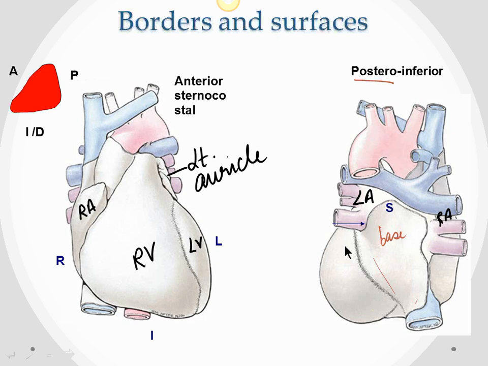But you're also seeing a small part of the inferior surface, which is also called the diaphragmatic surface. Have you followed? Okay. So what is the base formed by? Mainly by the left atrium, a very, very small part of the right atrium. And this inferior surface is formed again by both ventricles, right and left ventricles.